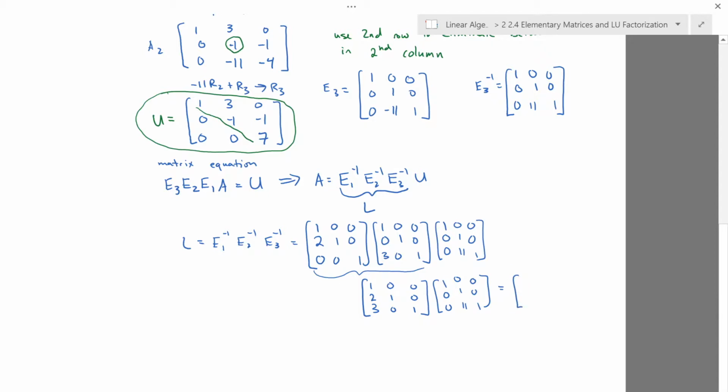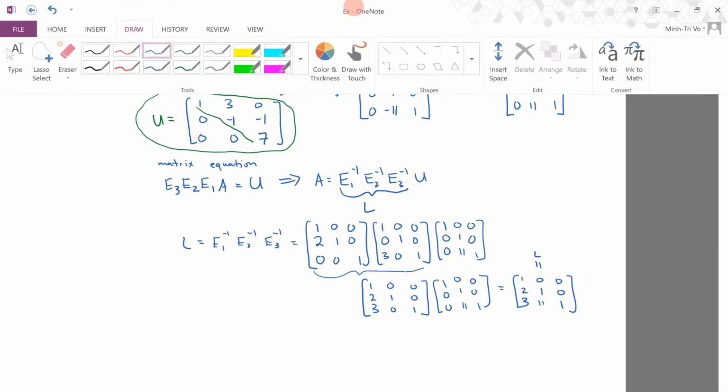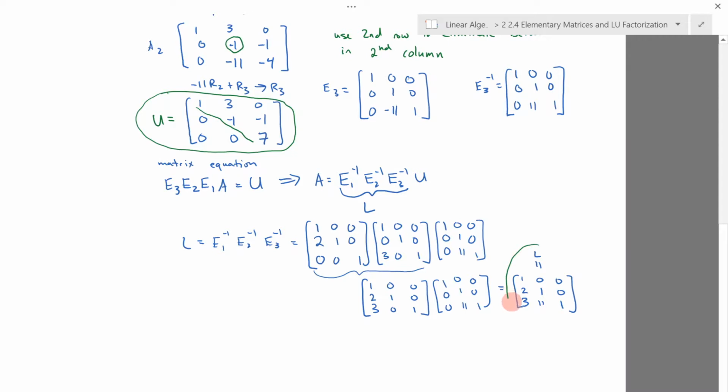Okay, so now multiplying these two matrices together, this will be my L. So what do I get? This is just the first row, and then this will give me a 2 here and a 1 here and a 0. And then this row times this gives a 3 here. Then it picks out the 11, and then it picks out the 1. Okay, so this is my matrix L.